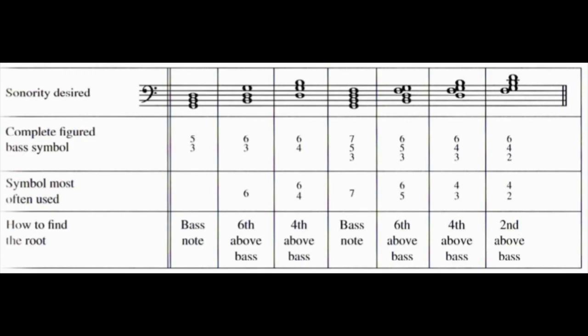If a chord is in root position and it is a triad, all that you have to say in this case is G or G major. And we know what the root is because it is in the bass.